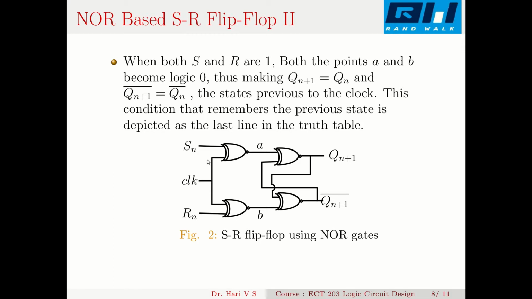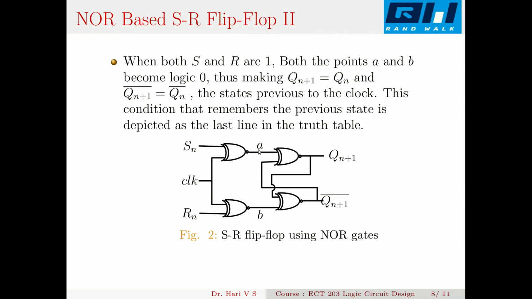Now here the difference from the NAND circuit is that the clock should be active low. Because with an active high clock, both A and B become 0. If the clock is high, irrespective of Sn and Rn, the outputs of these NORs will be low, so A will be 0 and B equal to 0.